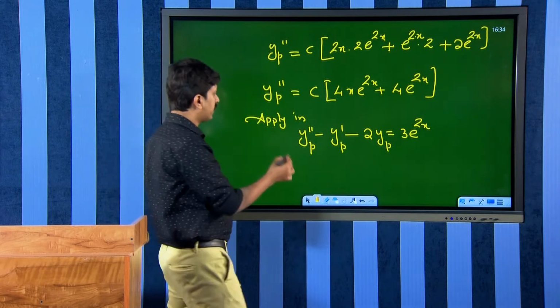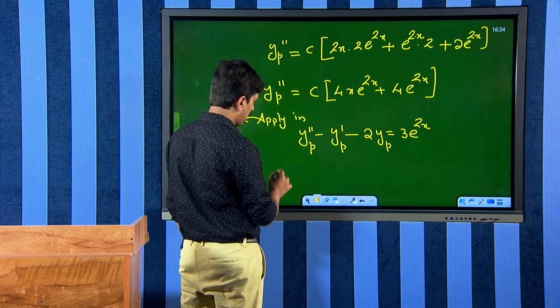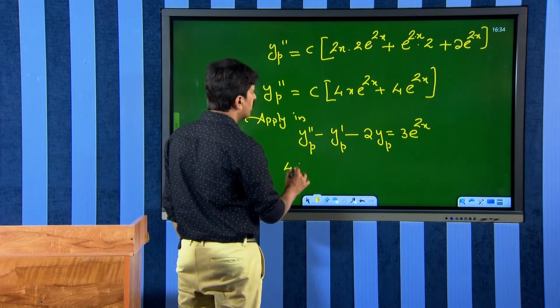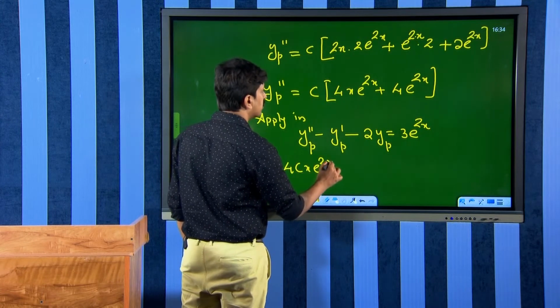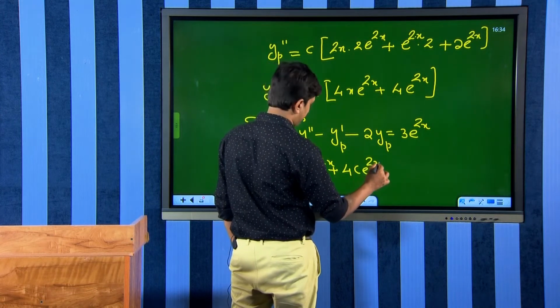See, here we have yp double dash is equal to 4 c x e raised to 2x plus 4 c e raised to 2x.